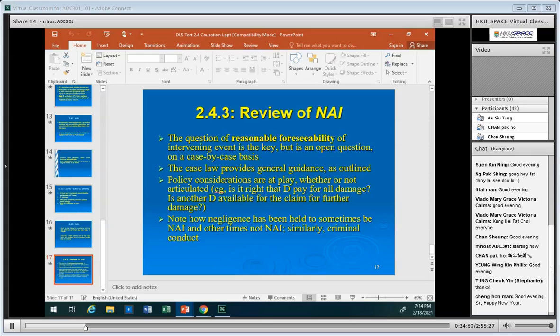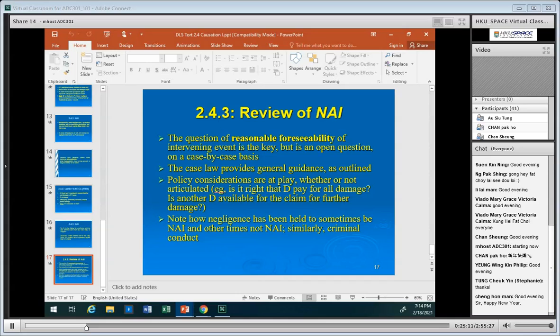And of course, what do you mean by reasonably foreseeable? It's a very open-ended expression, open to interpretation. So we do have some case law, such as Natalie and Jones and Wright and Lodge, which does provide some general guidance, but as I say, it really does depend on the facts of each case.